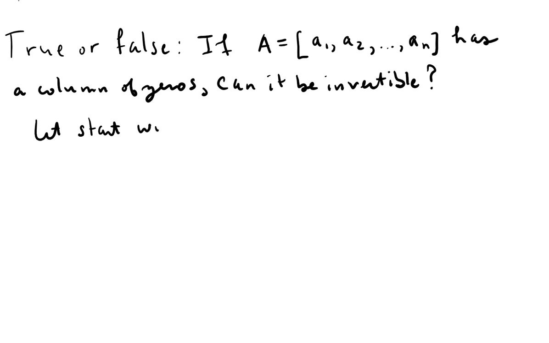So let's start with the case where n equals 3. In a proof, you can simplify the assumptions, or for example here we can simplify the statement by assuming that we have a 3 by 3 matrix, and if we come up with an argument that's general enough so that it can be adapted to n by n matrices, we can just mention this at the end of the proof.